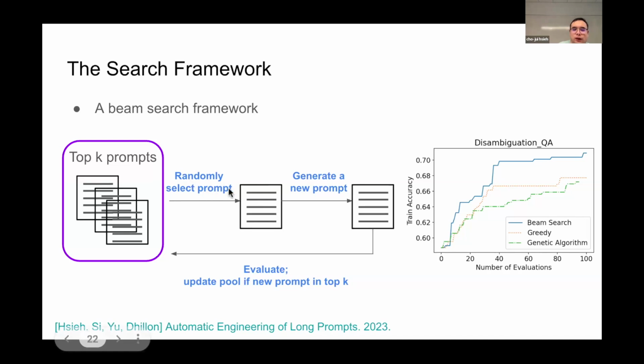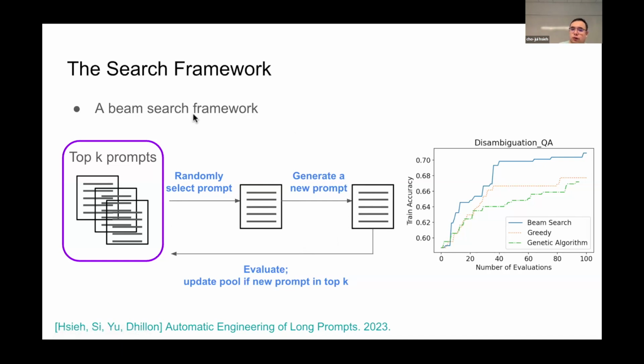Every time you can randomly select a prompt and generate a new prompt from it. Like I mentioned, you can rewrite, add anything, or delete a sentence from the original prompt, and then evaluate the updated one on the evaluation data, and then decide whether you want to add it to the pool or not.